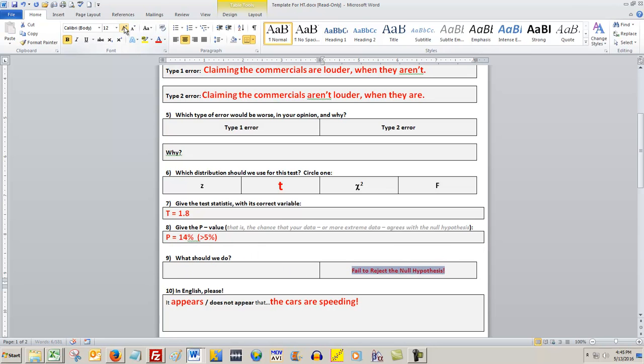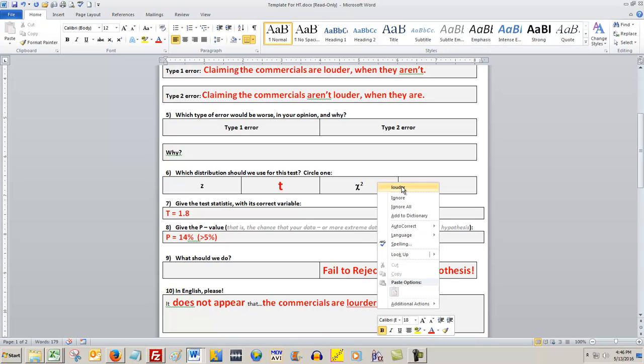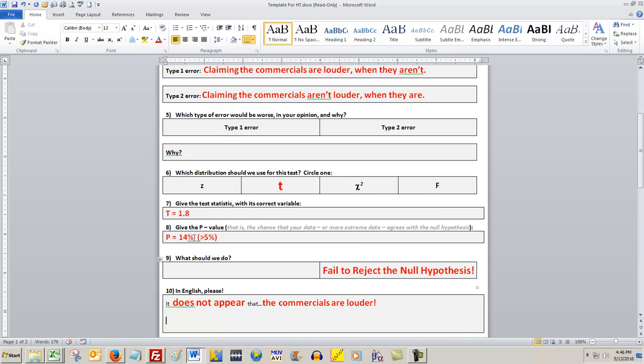That's a fail to reject the null hypothesis, which means it does not appear that the commercials are louder, or lorder if you're British. It does not appear. This p-value is too big.